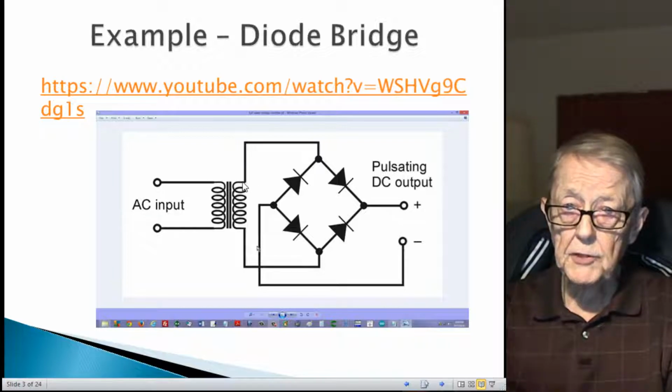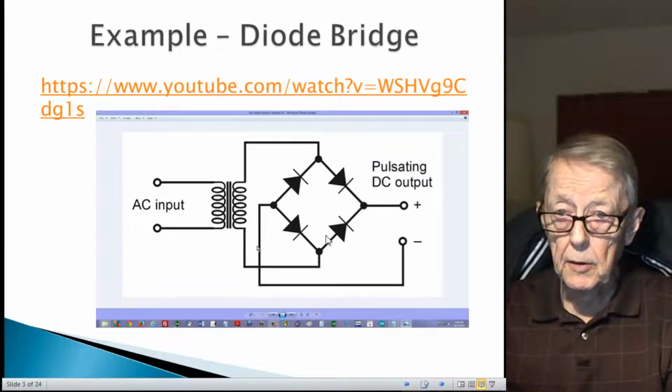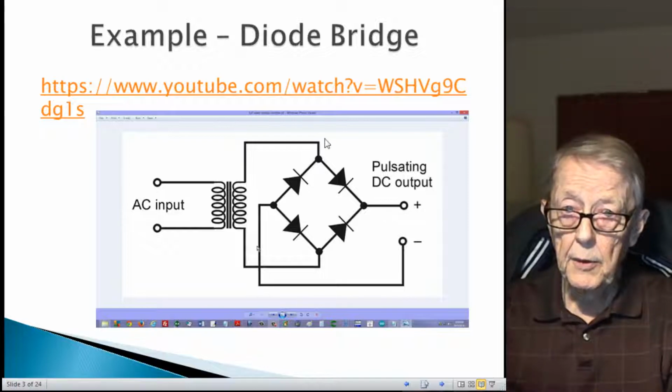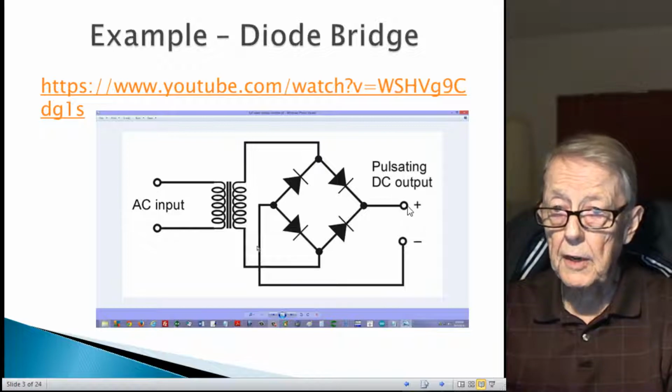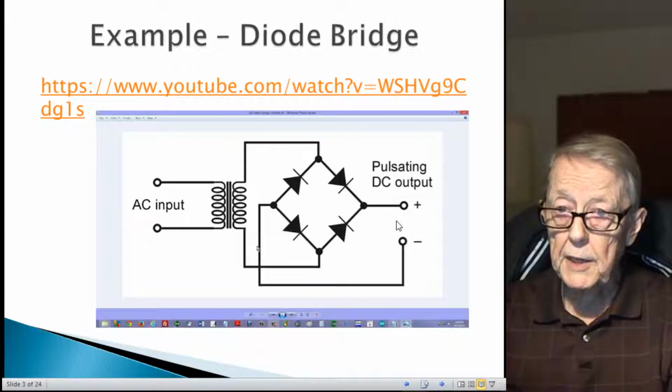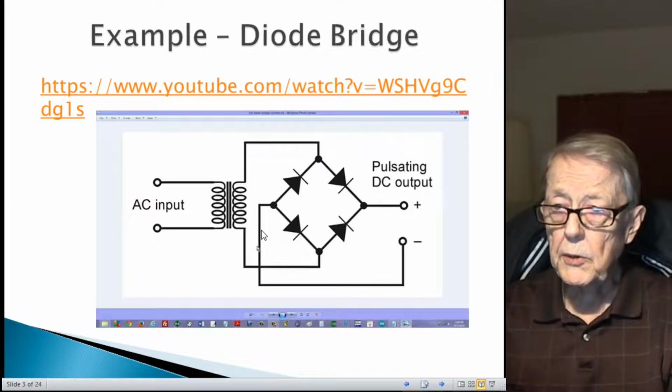At the other half cycle, when this becomes positive, it goes through this diode to plus, and then around and back. So in both cases, in half cycle, the positive ends up on this terminal, and you get a pulsating type voltage waveform. That's one use of the diode.